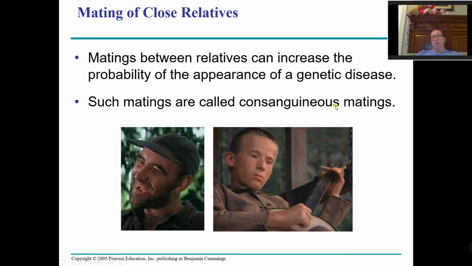This is something we don't go into a lot, but it's called consanguinity, which is a mouthful, but this would be a close mating of relatives. People kind of roll their eyes at it, and maybe it's not as socially acceptable today.